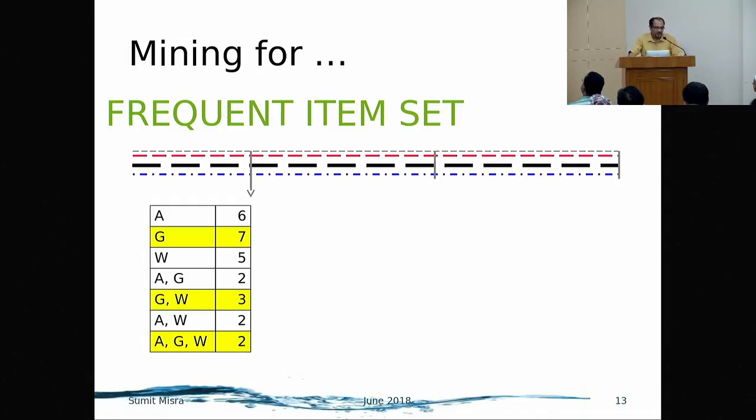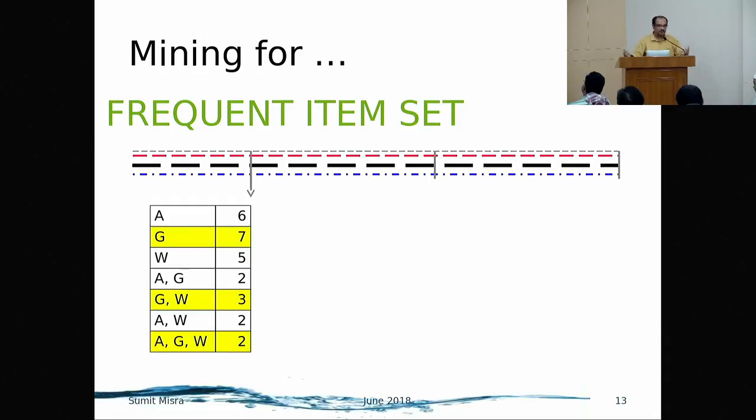Here is a frequent item set like A, G, W, the three tests, let us say, and you see AG together, GW together, AGW altogether, and this is the count of how many such tests have happened. You will always see that the count for A will definitely be more than AGW together, because they are called singletons.